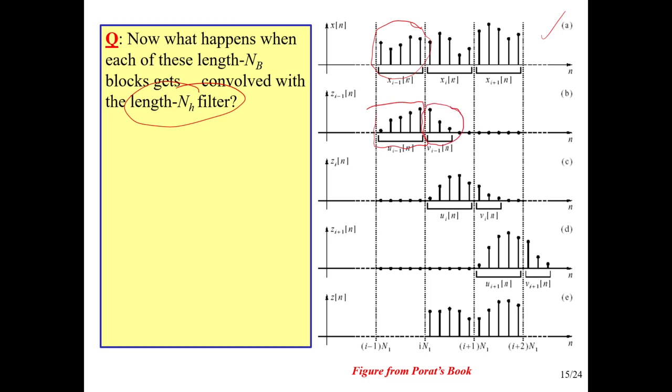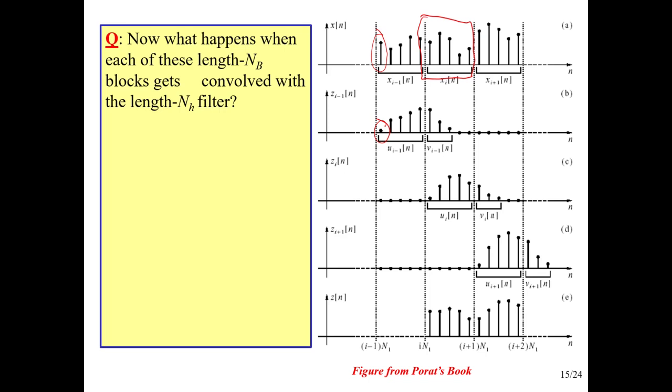So we can actually figure out, for this example, how long h really was, if you want to do that. Then we take the next block and we find its convolution. Now, notice that the output block always starts where the input block did, assuming that h starts with its first non-zero value at n equal to 0.